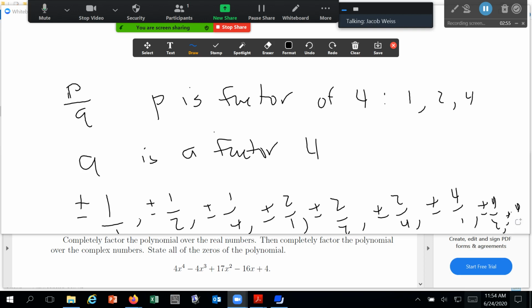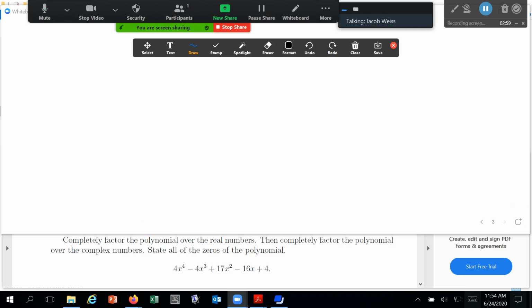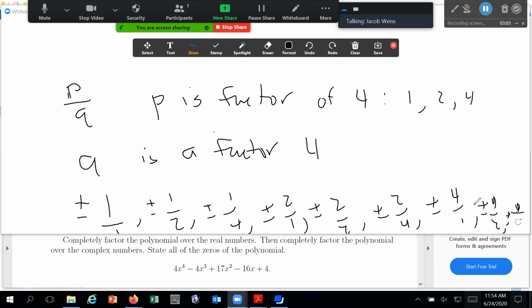Now, sorry for squeezing that in there. So pretend that says 4 over 4. A lot of these are repeats. So really, all we have to test here is, for instance, 2 over 2 equals 1, and 2 over 4 is 1/2.